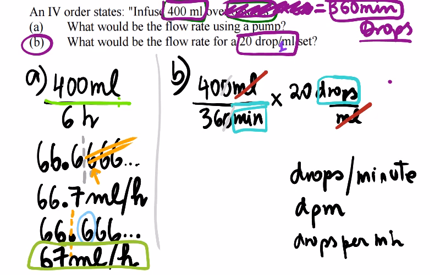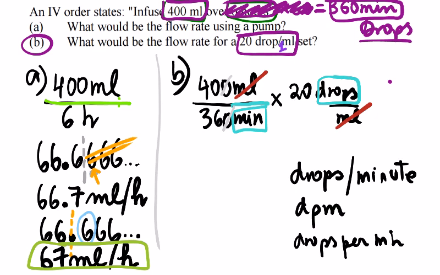Do some estimation. It will be around 1 point something, and 1 point something times 20 will give us 20 or 20 and a little bit. So this is just an estimation. As soon as you push the buttons, you are expecting that size of answer, 20 something, not 200, not 2000, not 0.2.